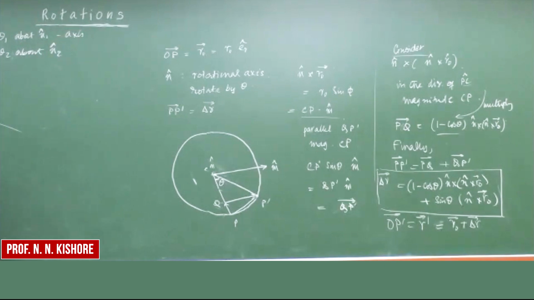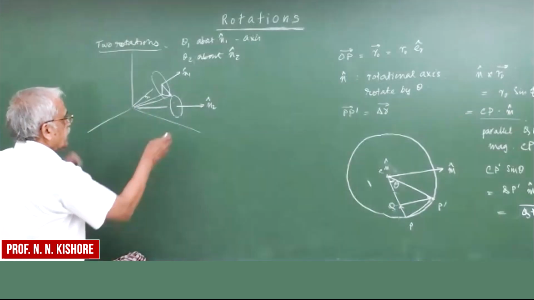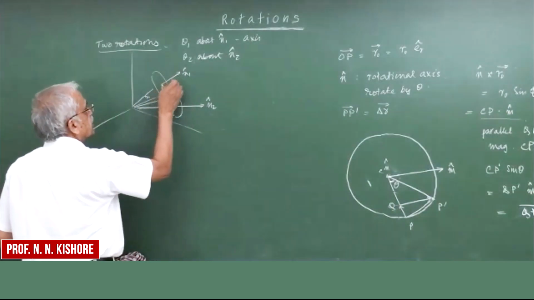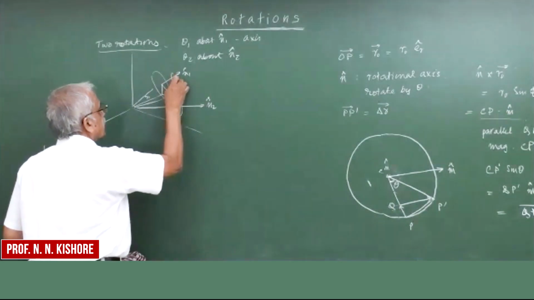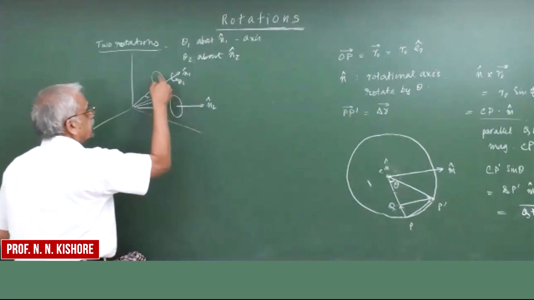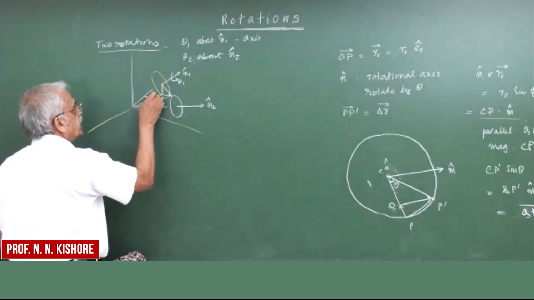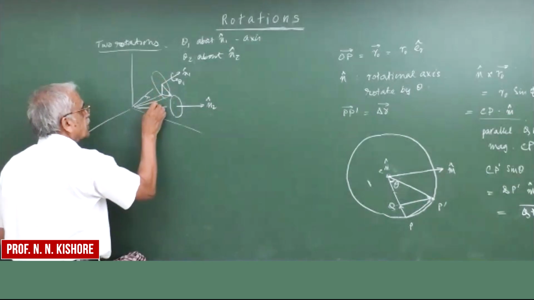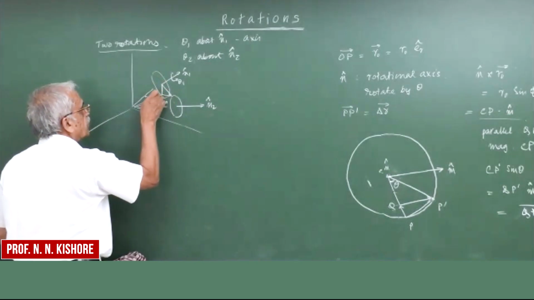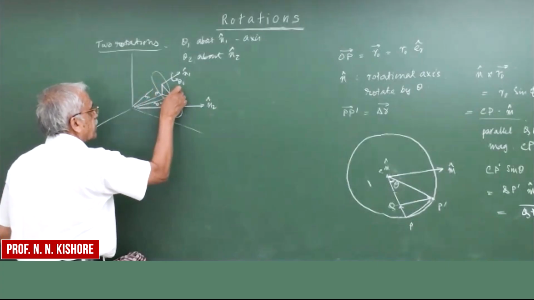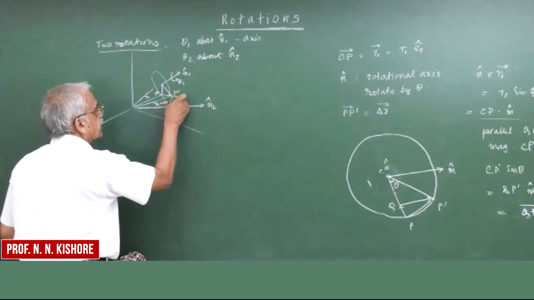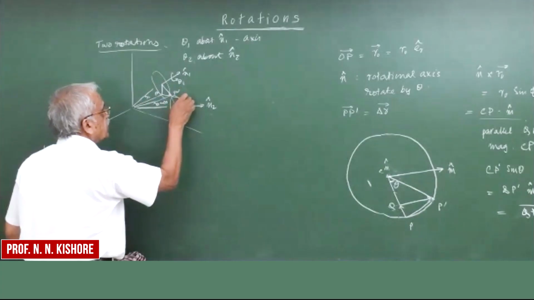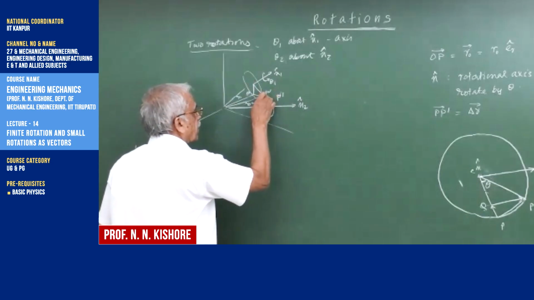Okay, so what we are trying to do here is the same as earlier. There is a theta 1 operation here, so R naught becomes R naught plus delta R. So P to P prime, and then P prime to P double prime.